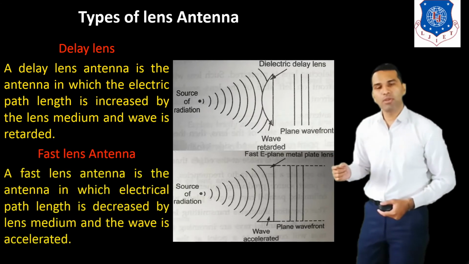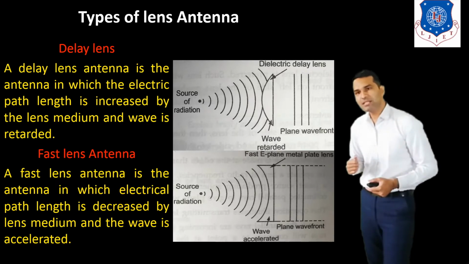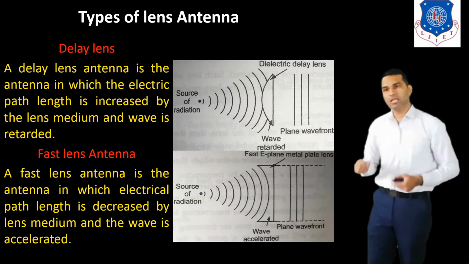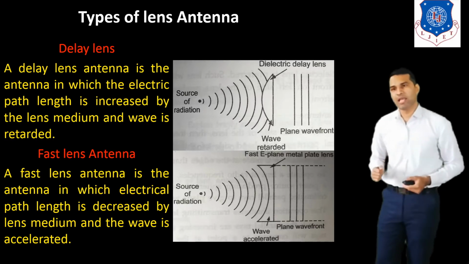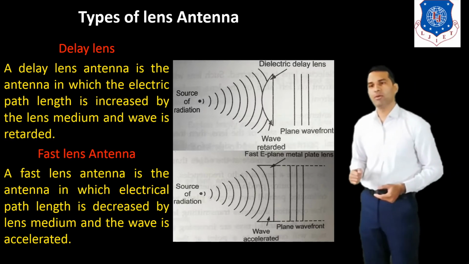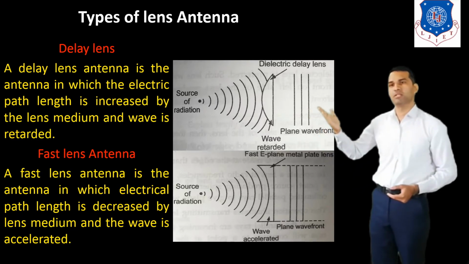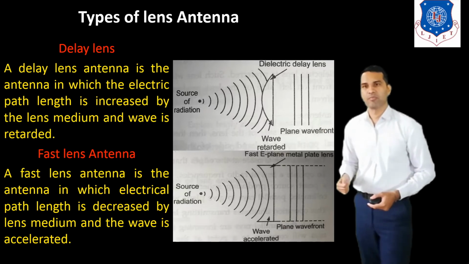The second type of lens antenna is the fast lens antenna. A fast lens antenna is an antenna in which the electric path length is decreased by the lens medium and the wave is accelerated. So these are the two types: one is the delay lens and the second is the fast lens antenna.